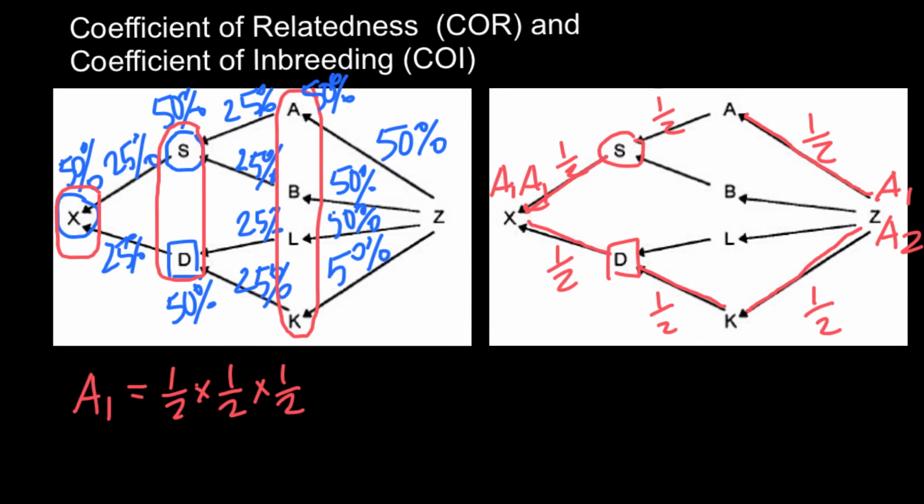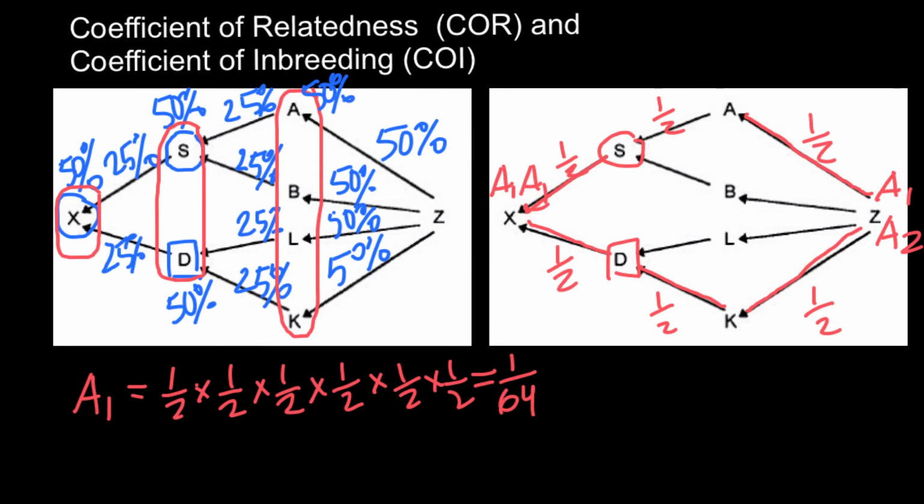So the probability of such an event also has to be included, that individual X would inherit this allele through the father side. And such probability would be 1/64.